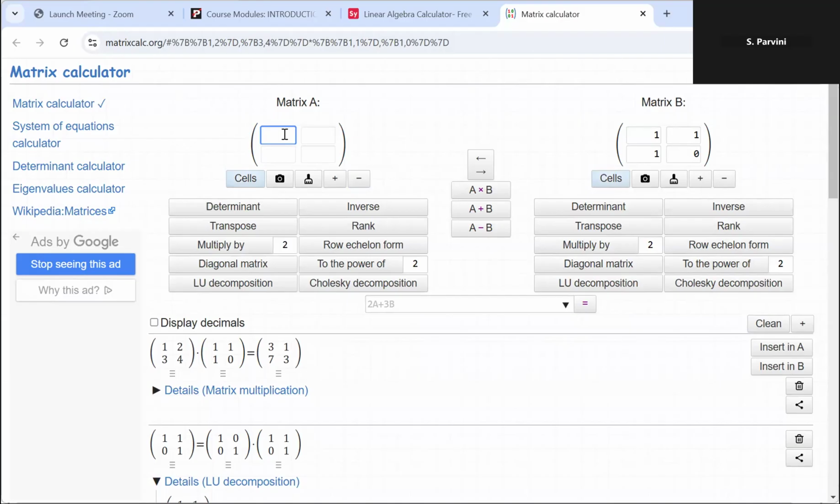I'm actually doing BA in our exercise. I know the software here says AB, but ours is actually BA. I'm doing the one with fractions first. That was 3/5. So here's 3/5, and then 1/5, -2/5, and 1/5. Okay, so that's my first matrix.